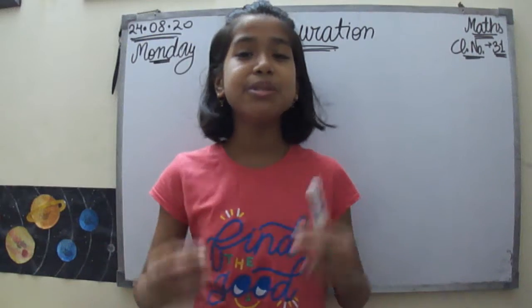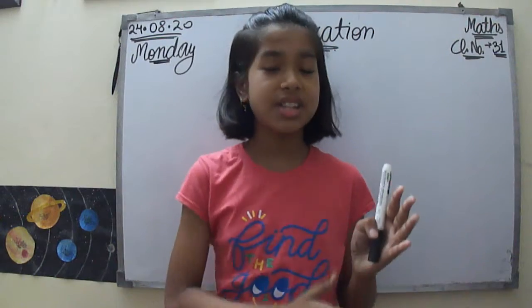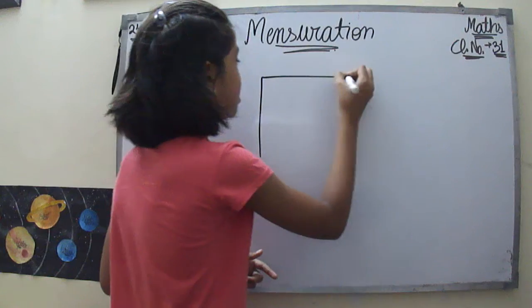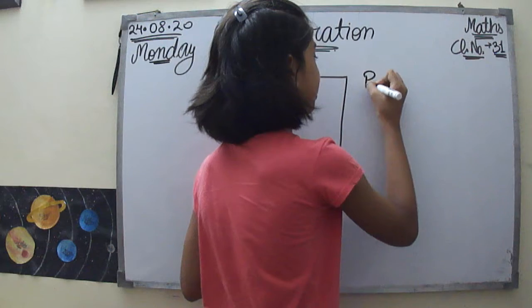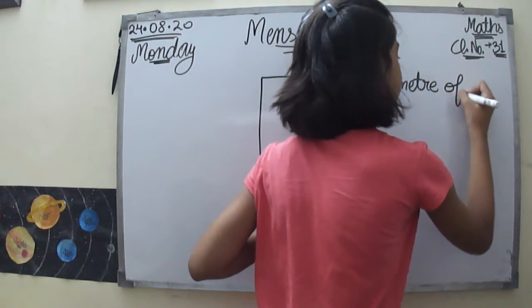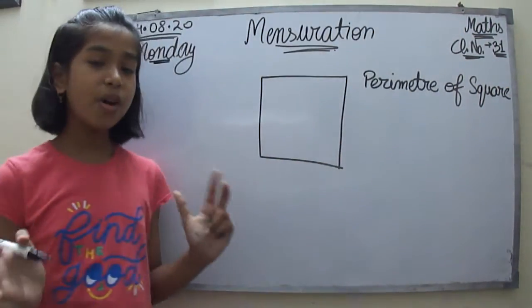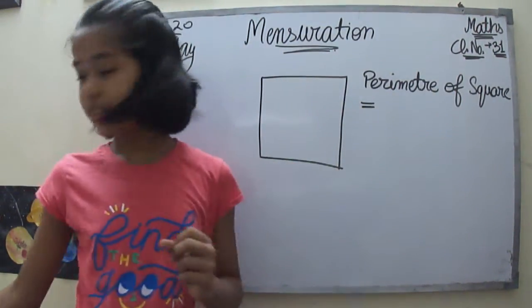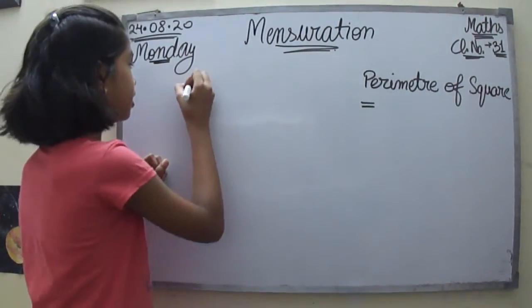Now let's see how to calculate the perimeter of different shapes. It depends on the shape. Let's start with how we measure the perimeter of a square. Let me draw it here.